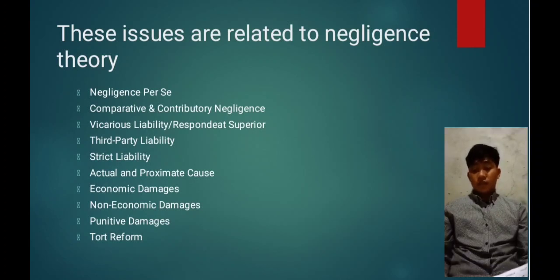And number 6, last, actual and proximate cause. Actual cause, also called cause in fact, is straightforward, while proximate cause means legal cause, or the one that law recognizes as the primary cause of injury. That's my report. Thank you.